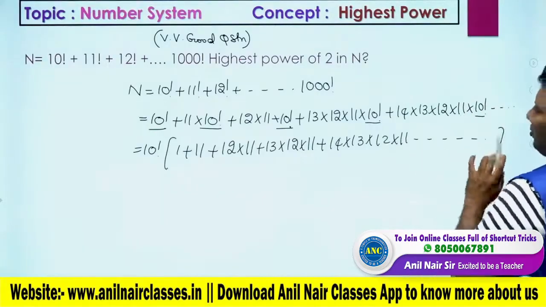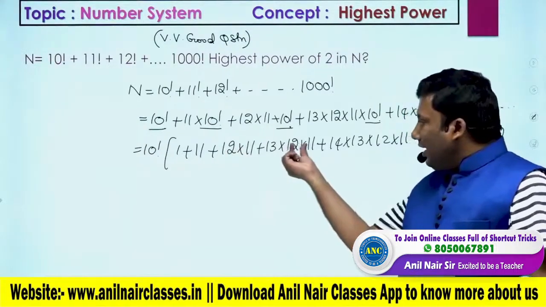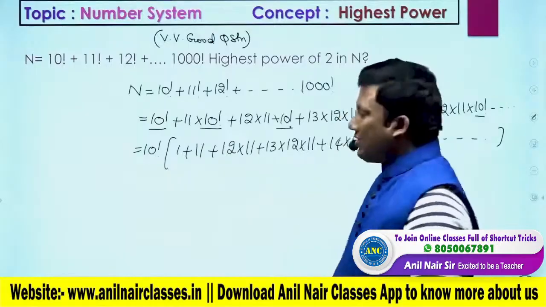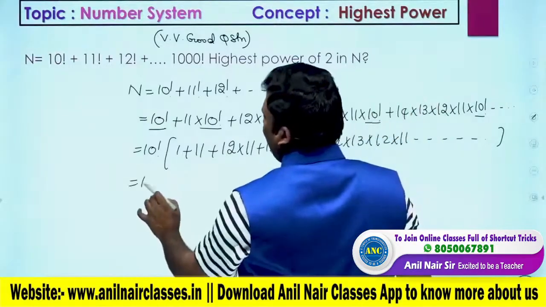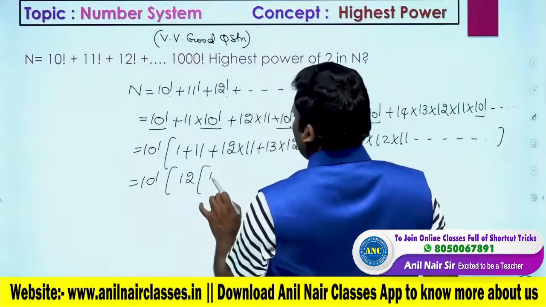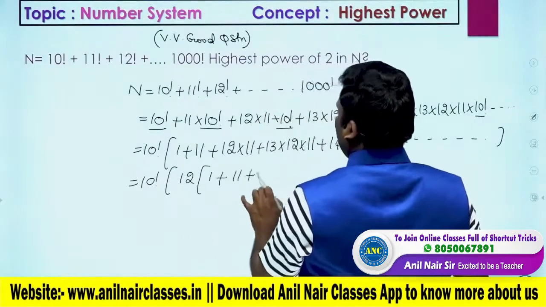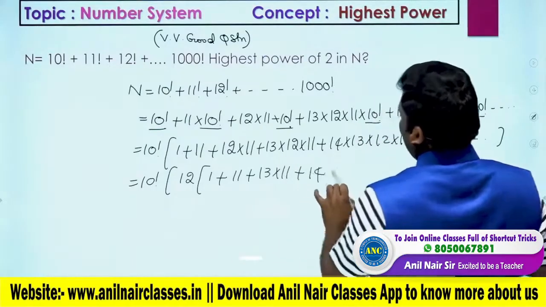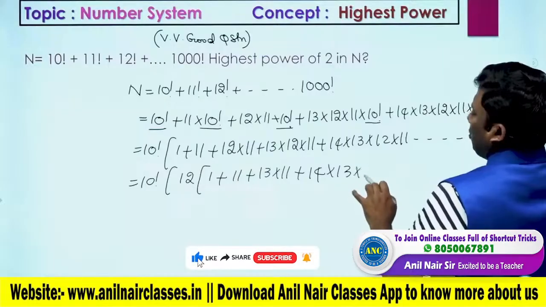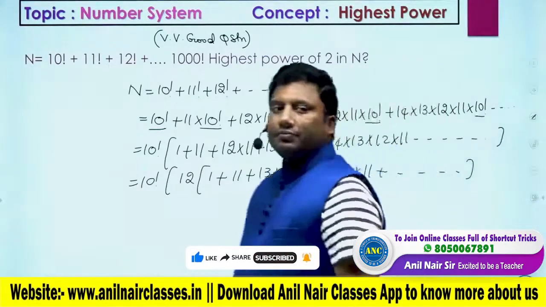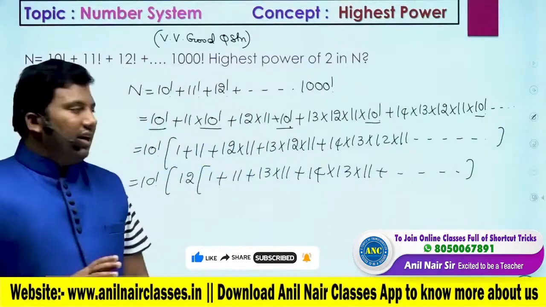Now if you see, 12 is there here, here and here. 1 plus 11 is also 12. So let me take 12 common. Then it is 1 plus 11, here 13 into 11, here 14 into 13 into 11 and so on. I hope the idea is clear.